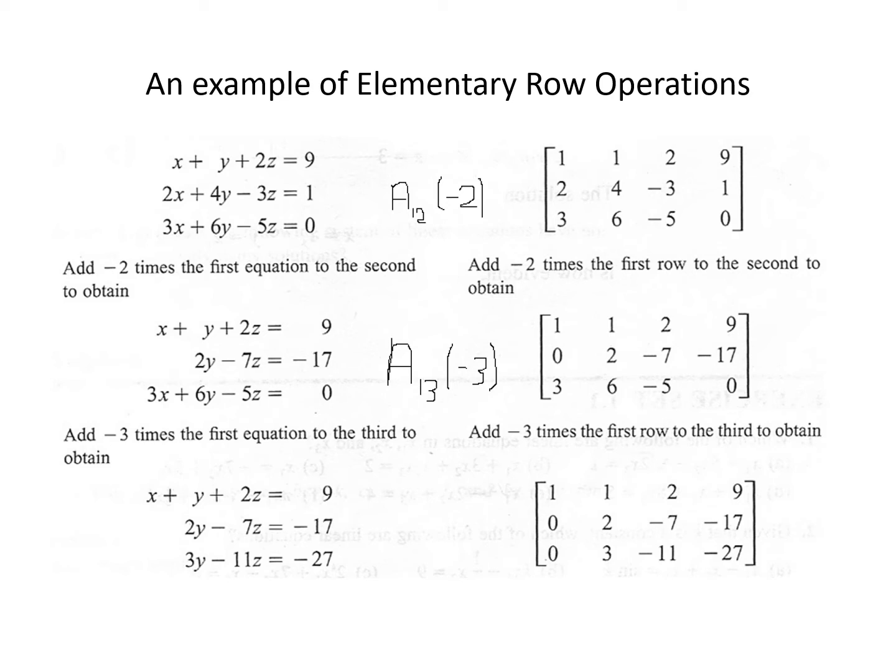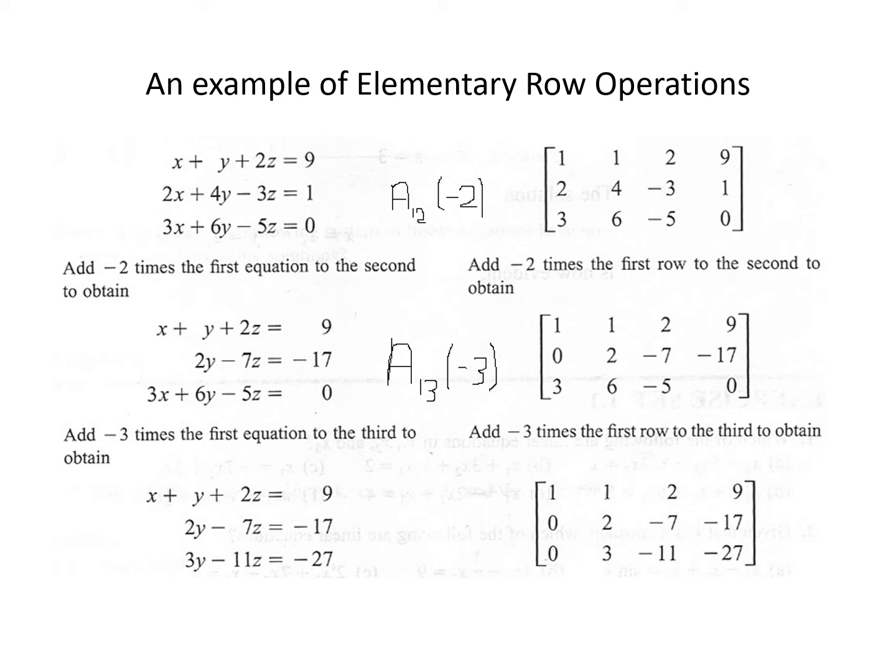And minus 6 plus 6 is 0, minus 6 plus minus 5 is minus 11, and 9 times minus 3 is minus 27, and the answer is stored in row number 3.